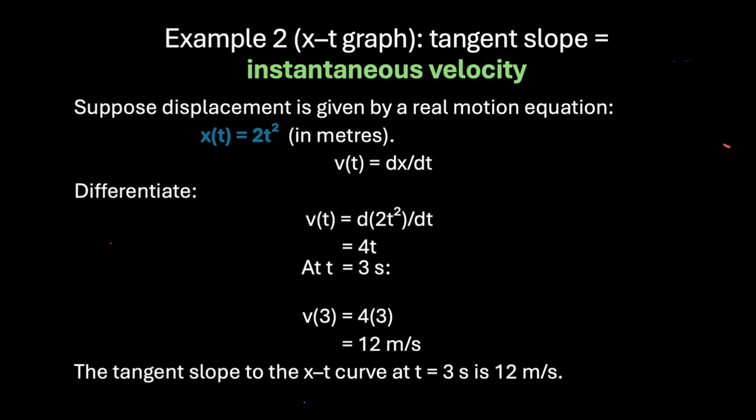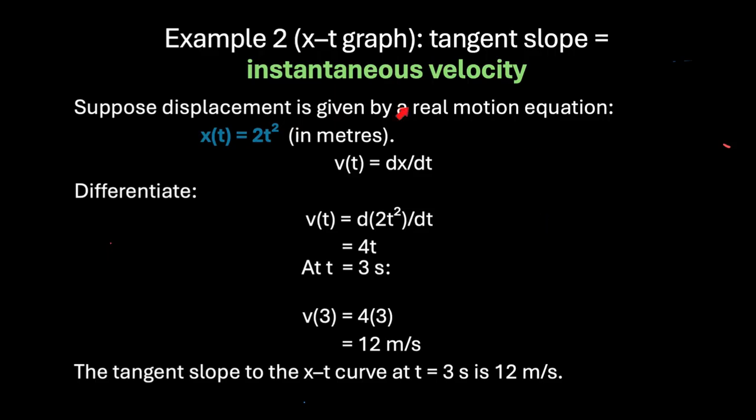And what does the calculation look like? So what we have here is a function x of t is equal to 2t square. Velocity gives dx by dt, which is 4t. So at t is equal to 3 seconds, velocity is 4 times 3, which is 12 meter per second.